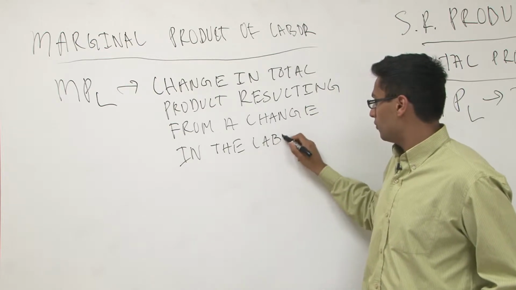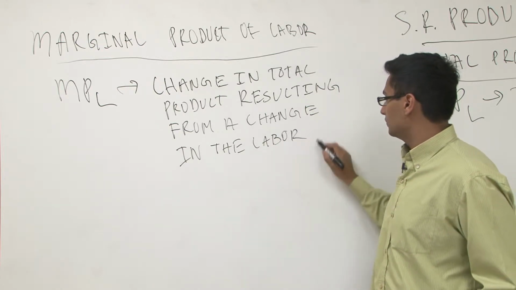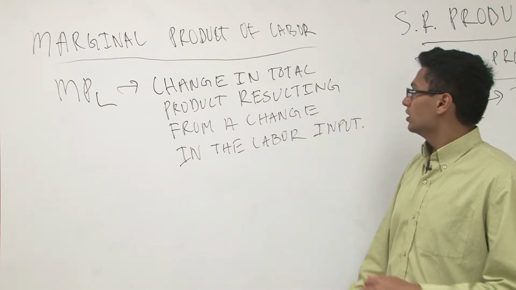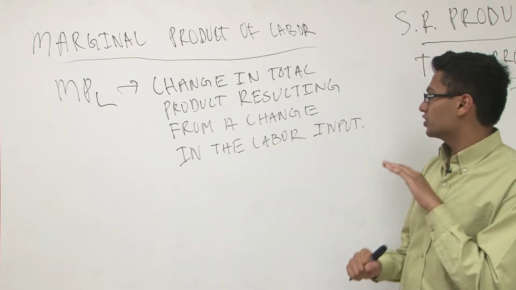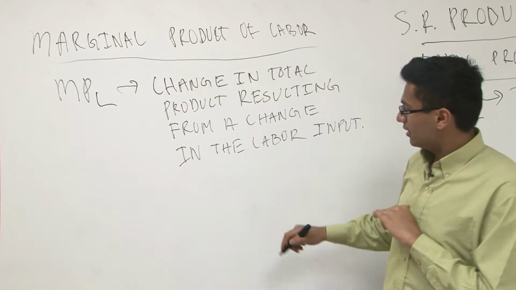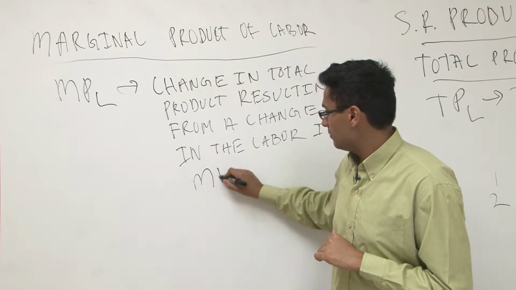And maybe before I explain to you guys, I'm writing down a formula as well. Change in total product resulting from a change in the labor input is written as follows.